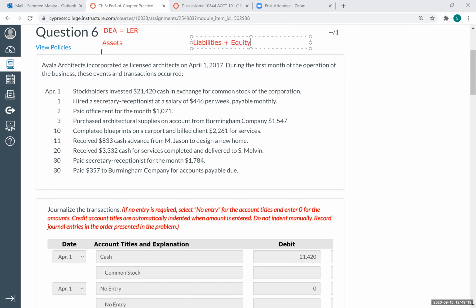And we notice that with our debit and credit rules, assets increase with debits. And on the opposite side, we have our liabilities and equity, which increase with credits because those are on the opposite side of the accounting equation.